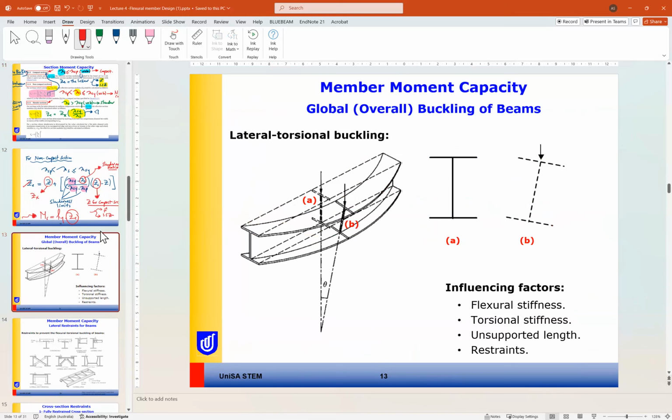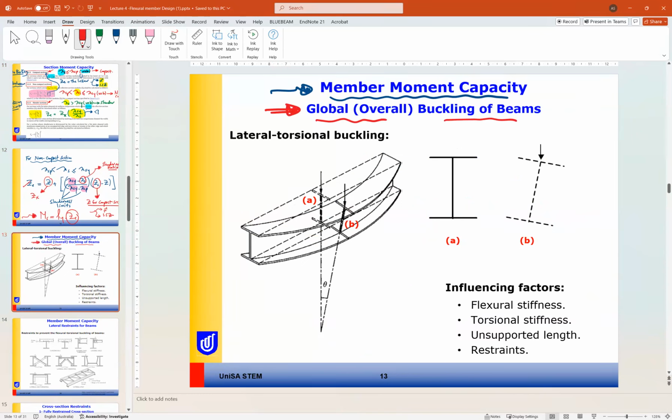Okay, after we know the section capacity, the second criterion will be the member moment capacity, or the overall buckling of beams. So member moment capacity considering the global or overall buckling of beams.